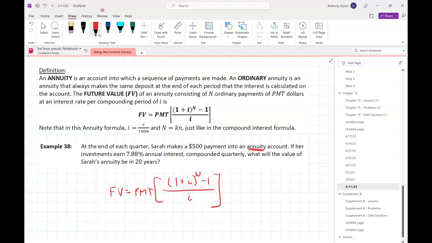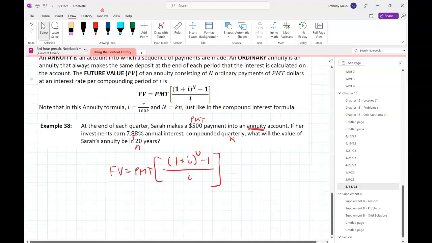If her investment earns 7.88% interest, compounded quarterly, so this is my R, that's my K, this is my lowercase n. What will the value of the annuity be in 20 years? That's my lowercase n, and obviously the 500 is the payment.